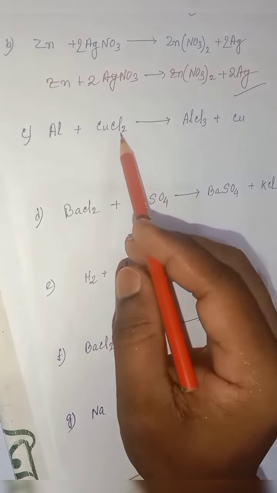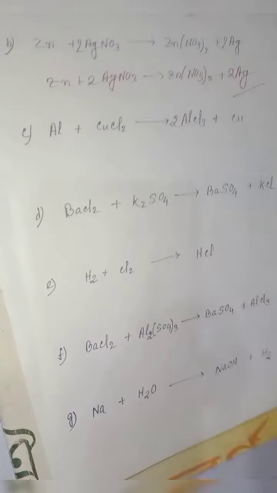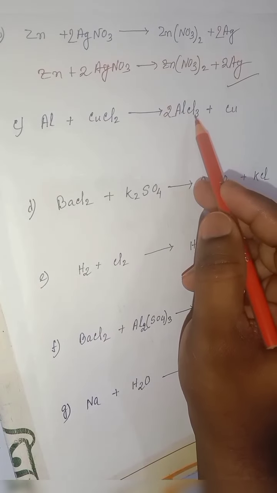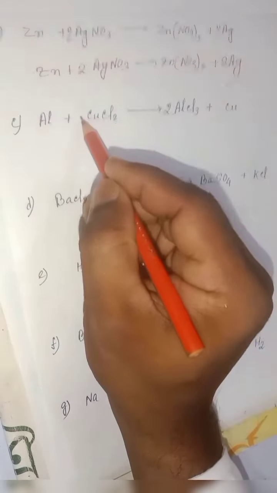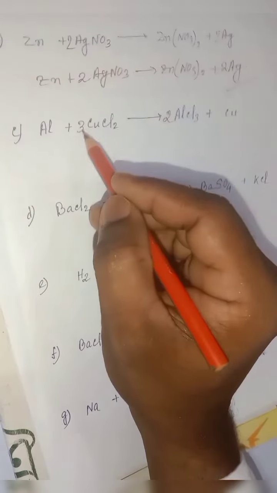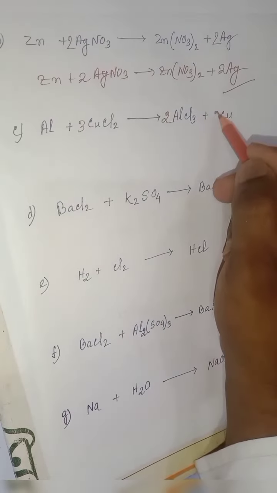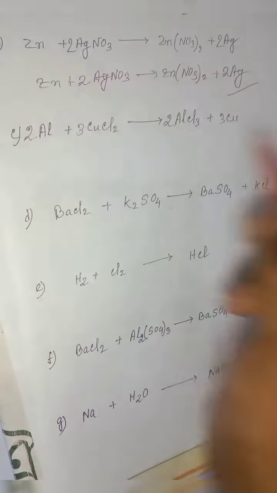That is an even number and an odd number, so multiply by 2, making the number of chlorine atoms 6. 3 into 2 is 6, copper 3 multiplied by 3, aluminium 2.